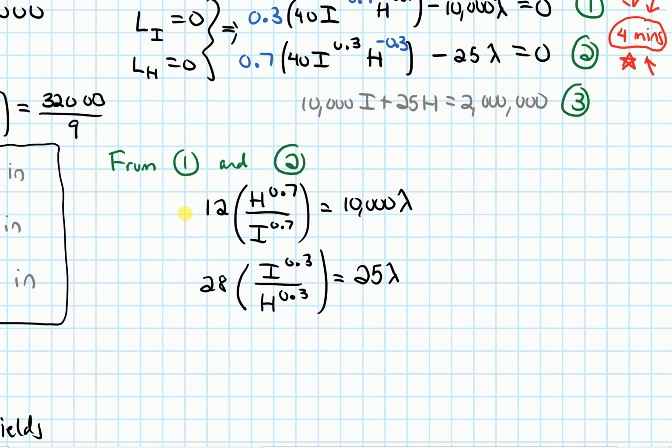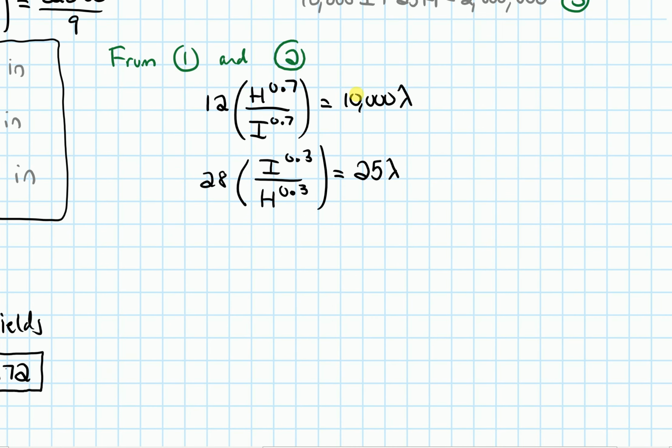I can definitely do this how we've done some of these in other problems, isolating the lambda and then setting them equal. But I noticed that I can avoid some of the fractions if I multiply the 25 lambda by a number that would make it match up with 10,000 lambda. I would need to multiply by 400 to make that happen. So I'm going to multiply both sides of equation number 2 by 400.